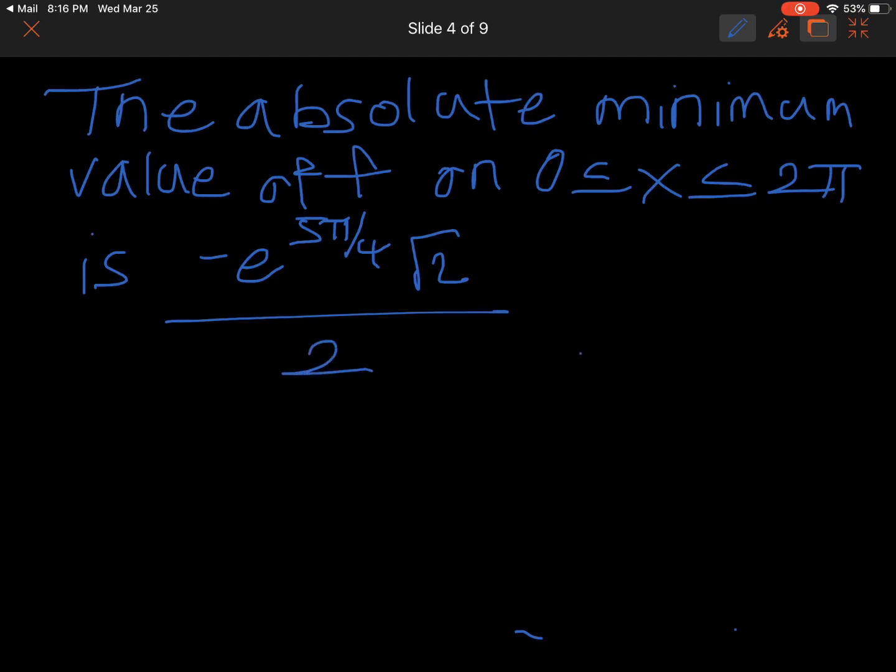That's how you would write this answer in a free response, just at the end, so you can get that point. All right, we're done with that part.